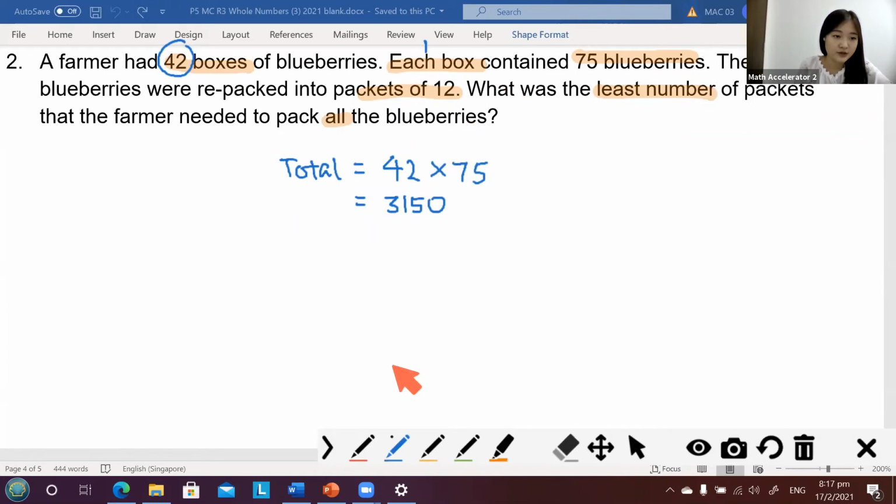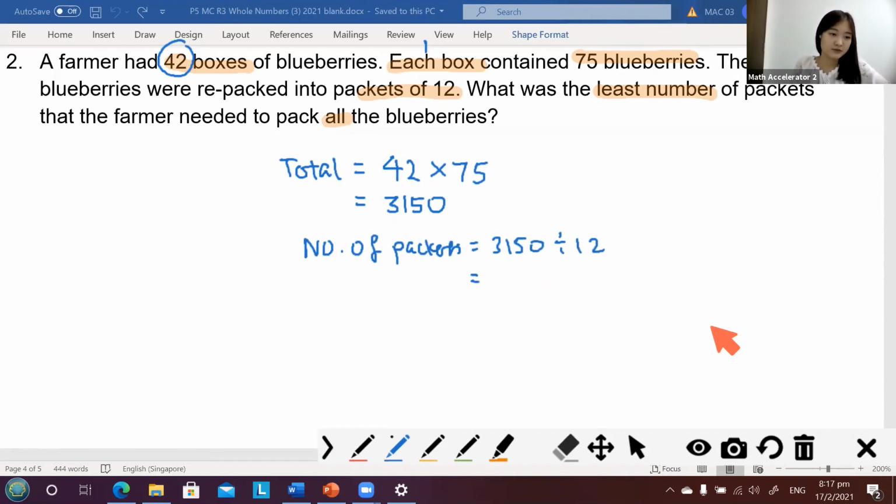Correct, Jovin. Rena, correct. So divide, right? Yes. So you find the number of packets. 3,150 divided by 12. What will you get?